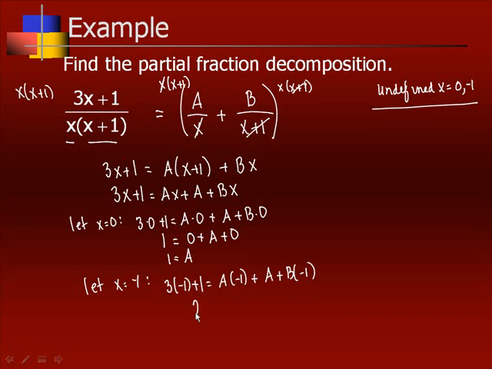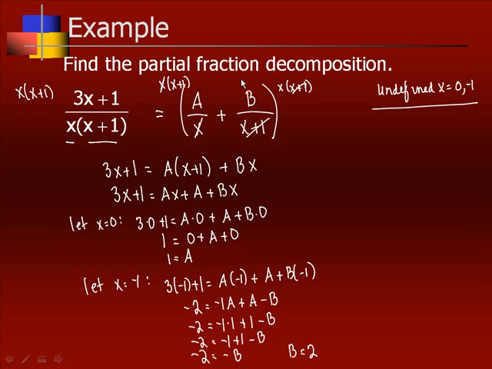So we get -3 plus 1, which is -2, equals -1A plus A minus B. Now remember, earlier we said A was 1. So that means -2 equals -1 times 1 plus 1 minus B. -2 is equal to -1 plus 1 minus B. So -2 is equal to -B, which means B is equal to 2.